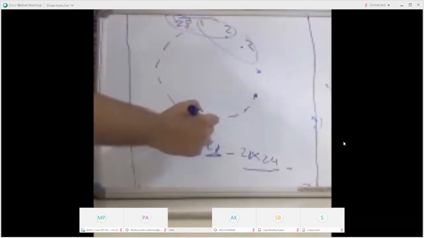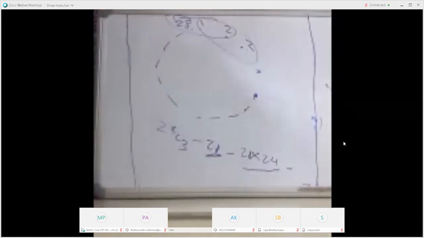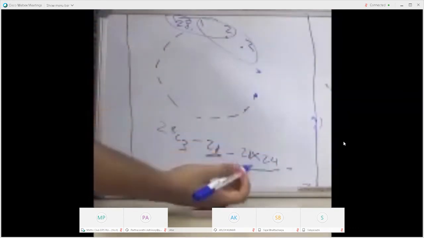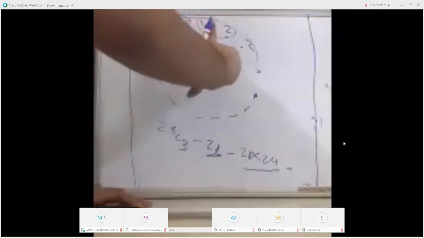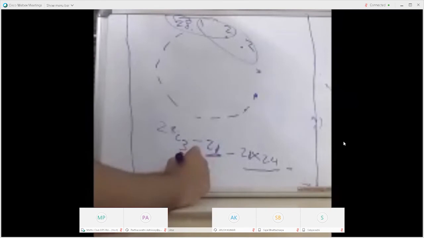We can select 1 and 15, 2 and 16, 3 and 17, like that up to 14 and 28. So in case C, we can select the diametrically opposite pairs in 14 ways.